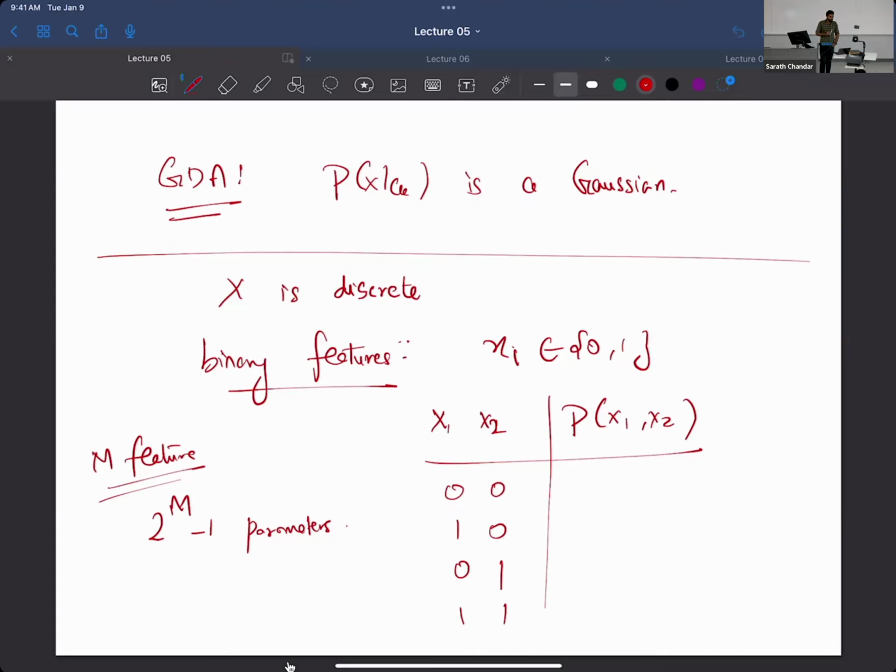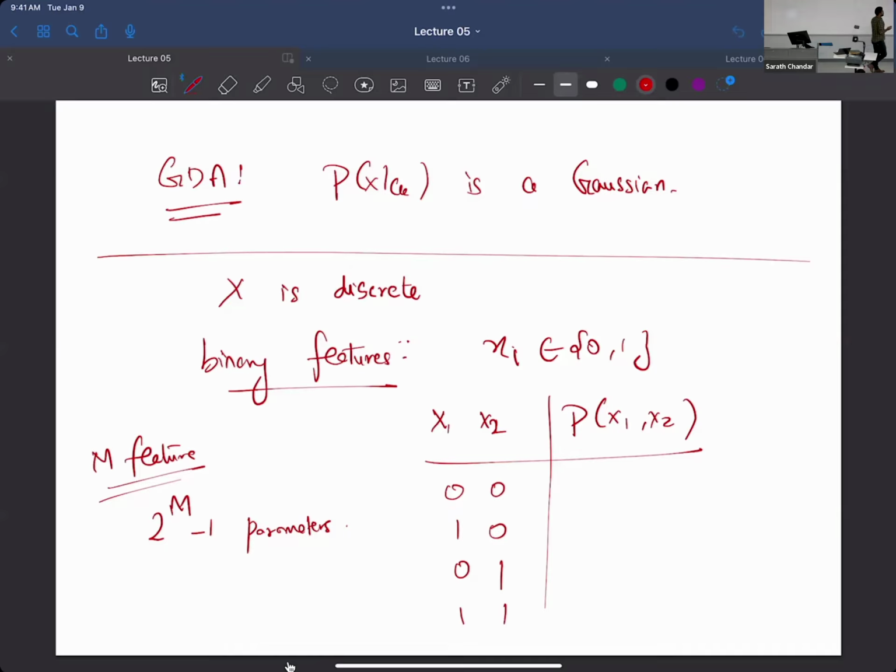Okay, so then towards the end, we talked about how Gaussian assumption is okay when you have continuous features, and when you have discrete features, we started talking about making a Bernoulli assumption instead of Gaussian assumption, especially when you have discrete binary features, right? So when you have binary features, each feature has either 0 or 1.